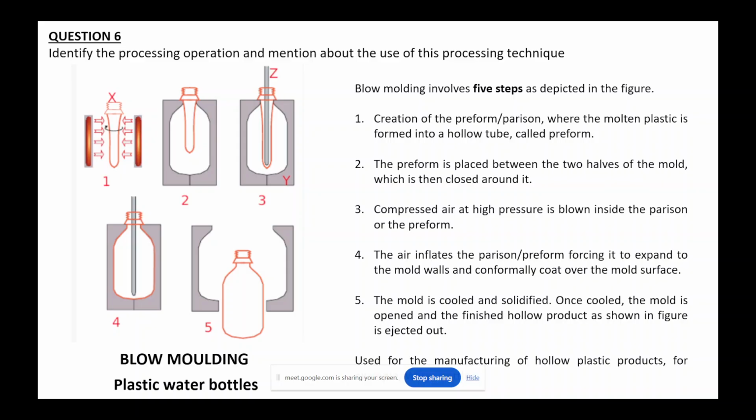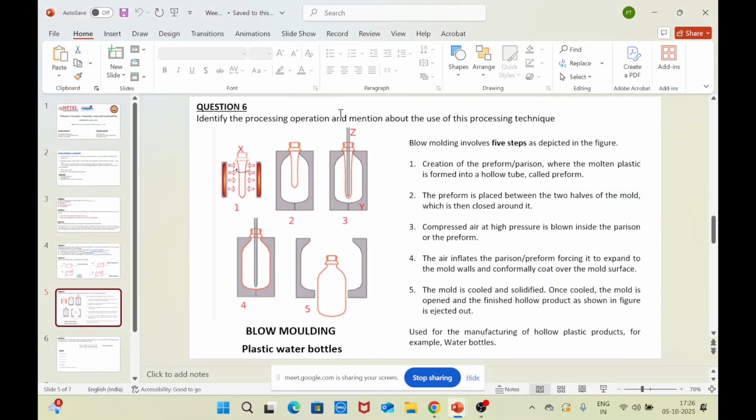Because if it is too expensive, then people may not be willing to purchase because of the cost. It may not be economical for the purchase, so that has to be kept in mind when we go for manufacturing of plastic materials which are used by us daily.